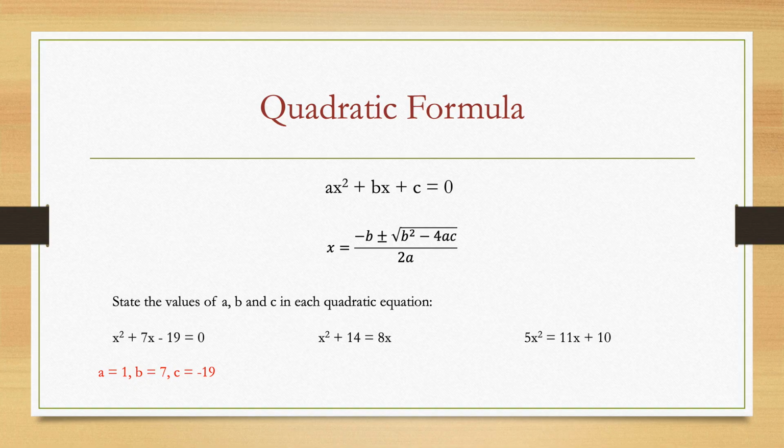Yeah, they don't say equal 0. If they don't say equal 0, you need to manipulate them to say equal 0. In this particular case, you needed to subtract 8x from both sides, and then A will be 1, the number in front of x squared. B would be negative 8, the number in front of the x, and C will be 14.